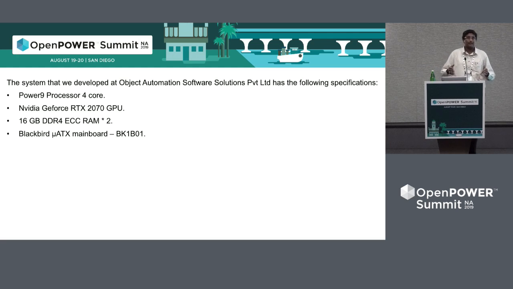It's the basic version which would support a 4-core Power 9 CPU. We used 16 GB DDR4 ECC server RAM, 2 slots of it, so it would become 32 GB. The total rig cost us around $3,000, a little below $3,000.